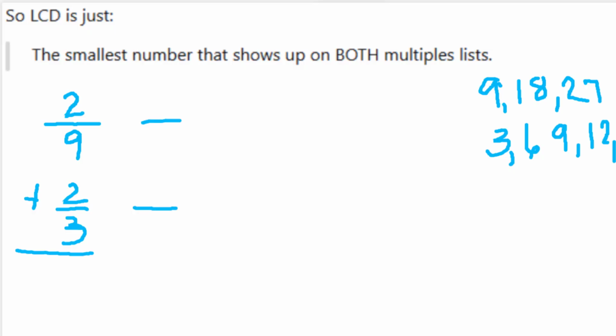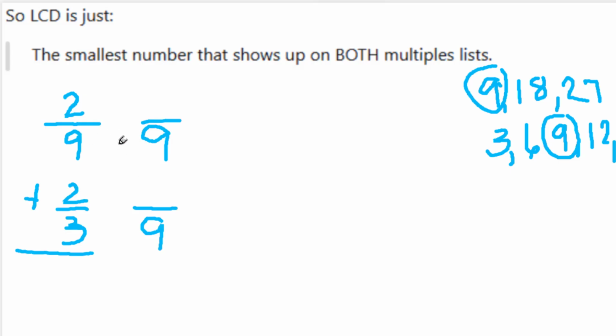So they have lots of common multiples because 9 is divisible by 3. So a lot of their multiples will be the same. So be very careful that you find the smallest multiple that's the same. And that's what we're going to take, that 9, and now it becomes the least common denominator. Do you see how the lowest common multiple becomes the lowest common denominator?